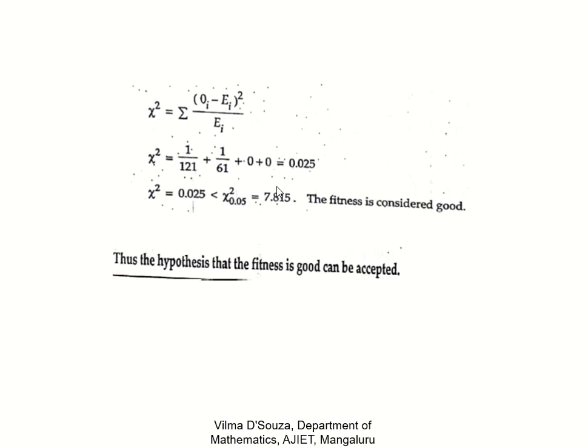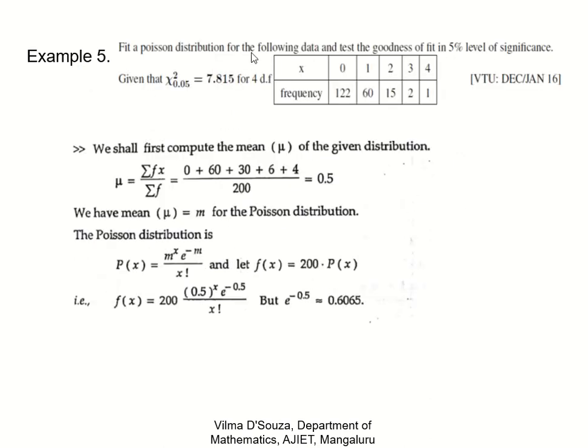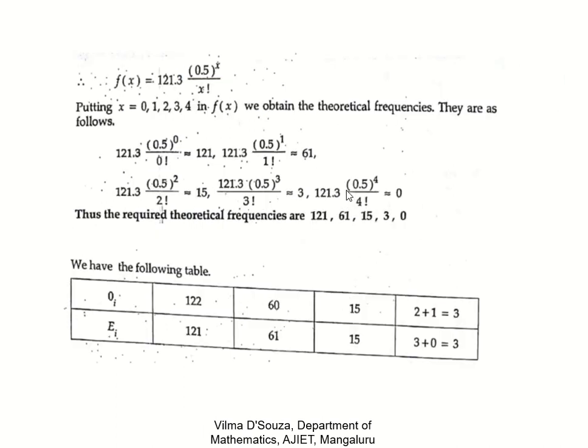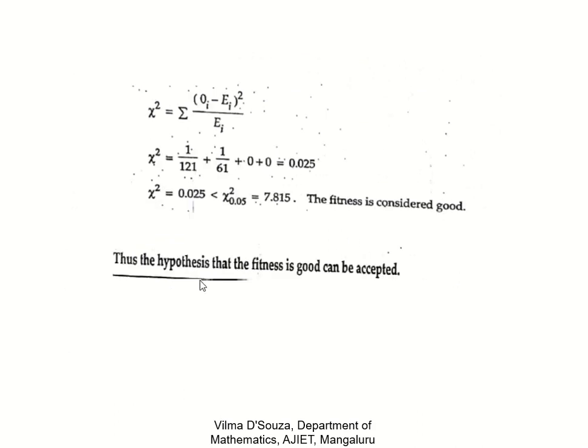So what can you do? You can accept the hypothesis that the fitness is good. You fitted the Poisson distribution for the given data, and now you are testing the goodness of fit, and you can say that the fit of the Poisson distribution can be considered good. The hypothesis that the fitness is good can be accepted.